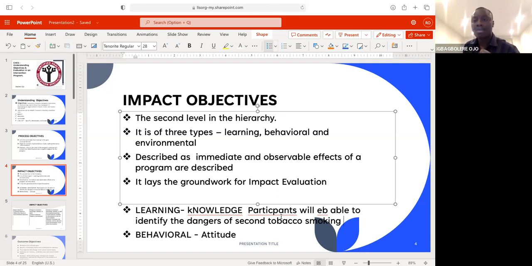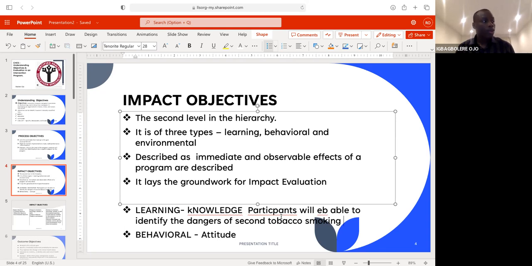All right. So basically what is happening here with this written goal or objective is that I am saying participants will learn something. They will have a knowledge shift in something. And overall, impact objective is an immediate observable event. So a knowledge shift is something you can easily understand, right?